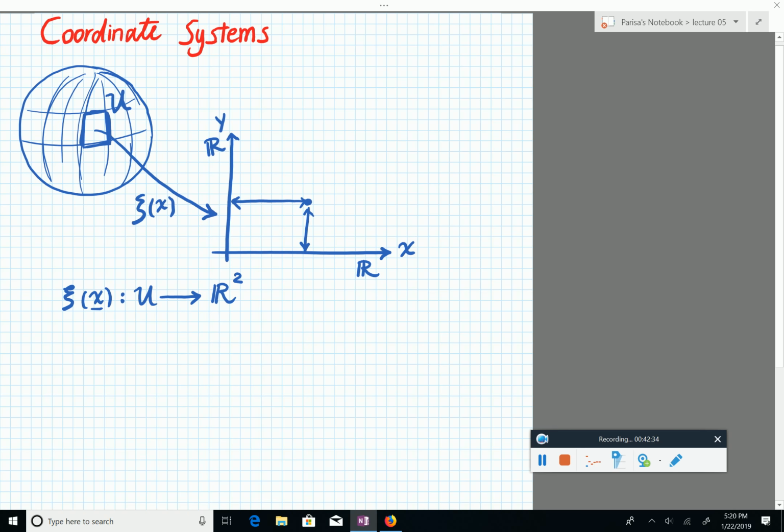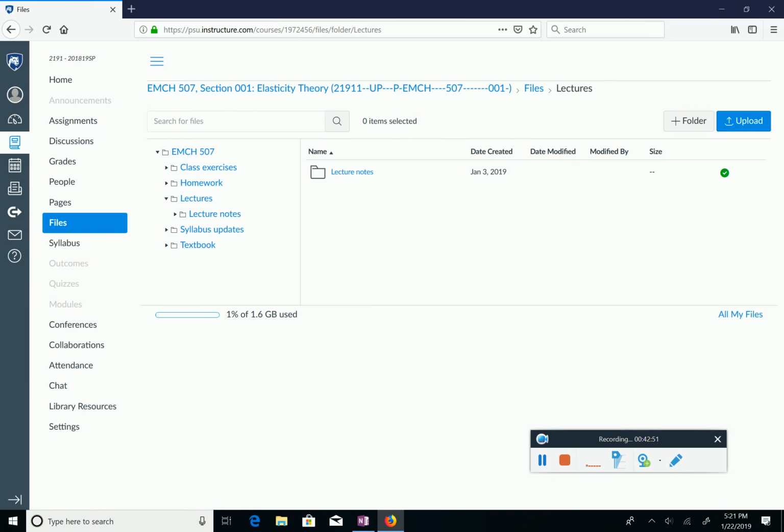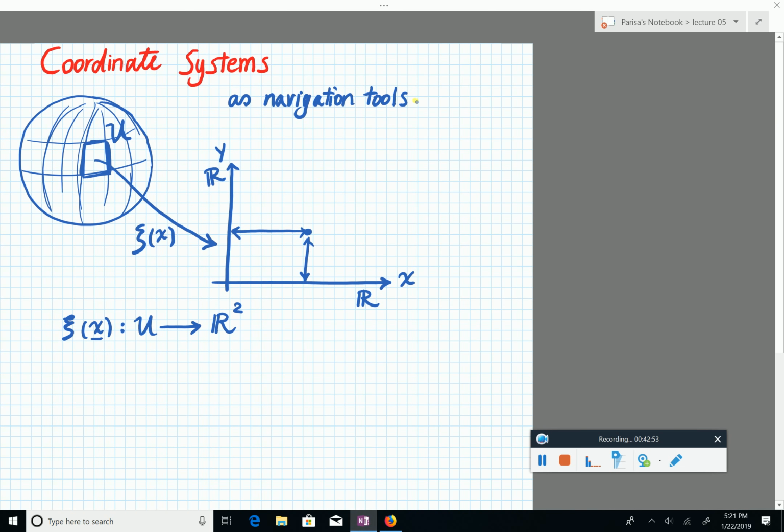So basically coordinate systems, you can think about them as navigation tools. And more importantly, think about them as really mapping. They are mapping some points from your object into, let's say, in this case, just a piece of paper, right?